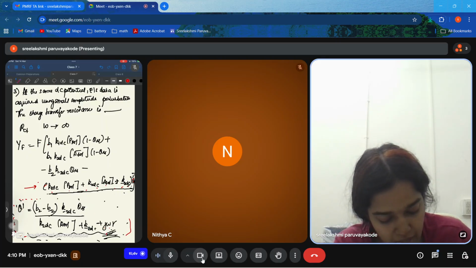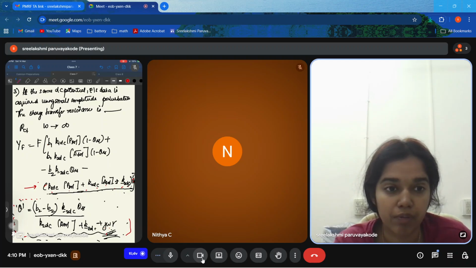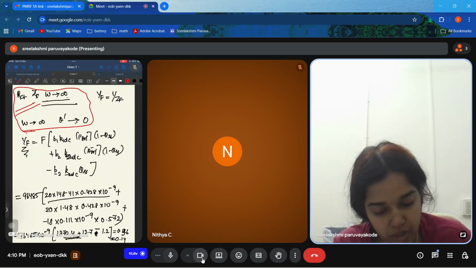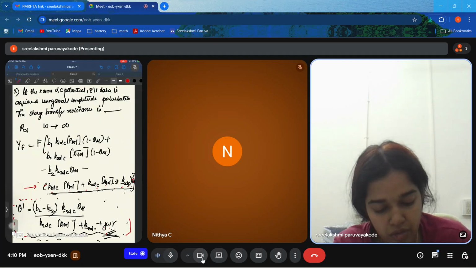So where theta dash value is B2 minus B minus 2 bracket K minus 2 DC theta SS by K2 DC A solution plus K minus 2 DC j omega gamma. This is the expression. Now, you have to find out charge transfer resistance.